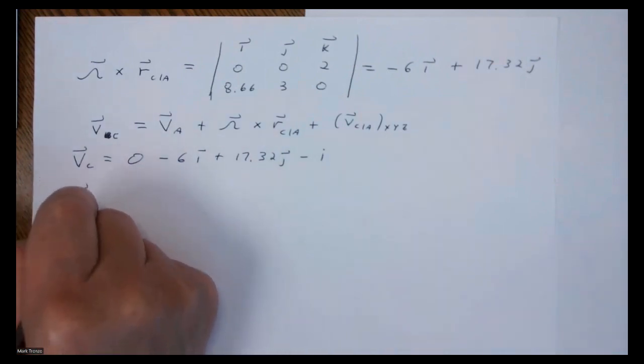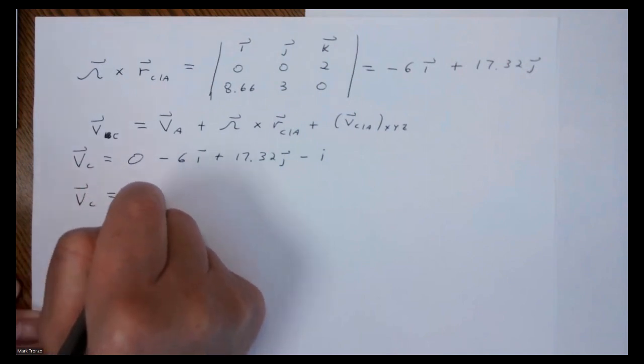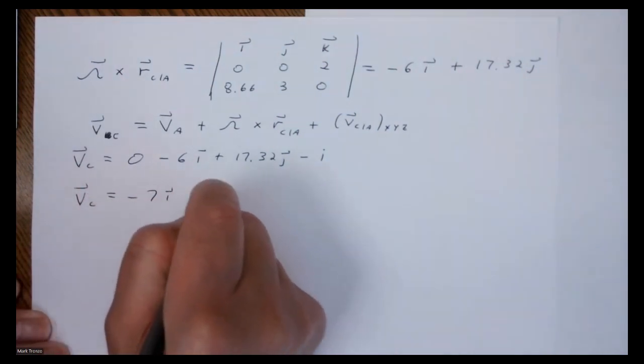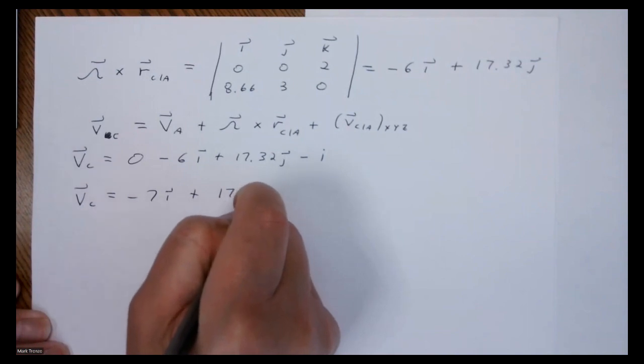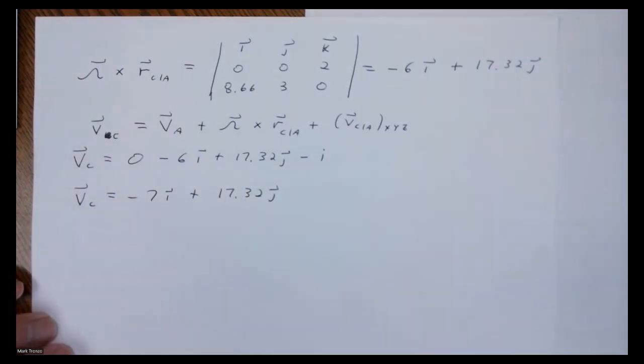And so our VC is negative 7i plus 17.32j, like that. So that's our velocity of C.